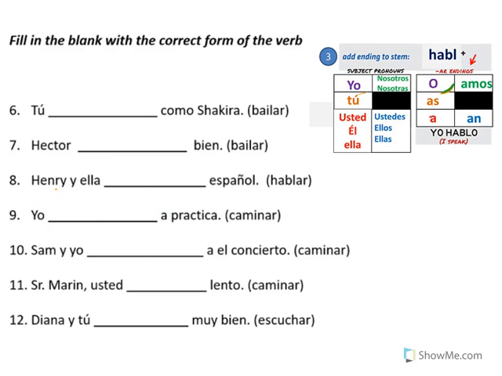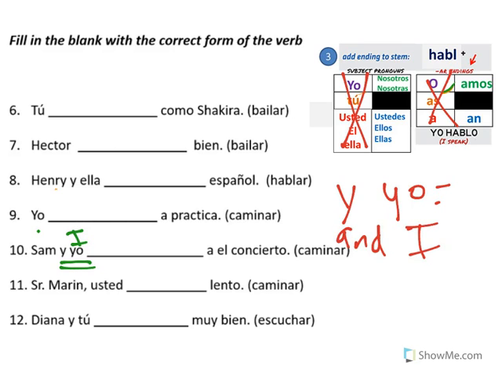Number 10. Sam y yo. Ooh, keyword. Y yo. That means I am included. I and Sam. That's two people. Important to know that it's two. Can eliminate that, eliminate that. Remember what I said about y yo? That means and I. And the only option for and I is the nosotros, because this means we.